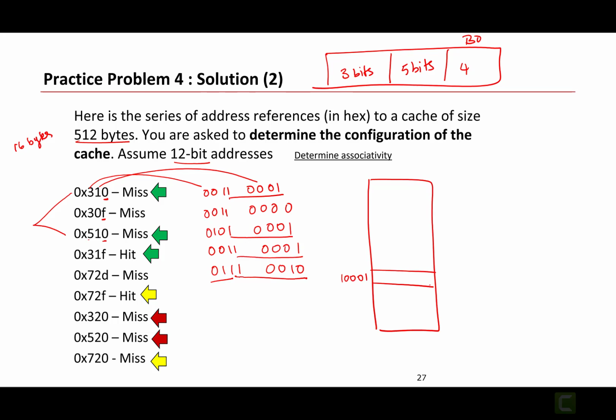Because this address will map to the same set as that address, it would have evicted it, so let's simulate this cache and see what will happen.